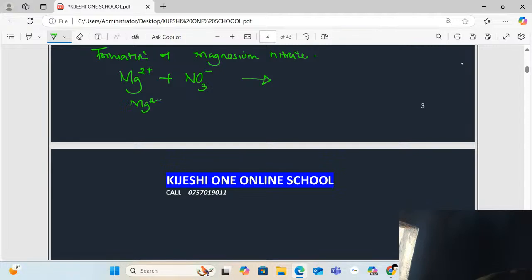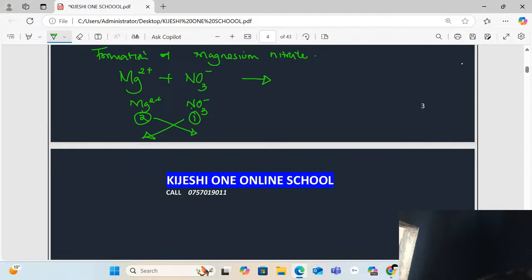Magnesium is valency 2, while nitrate is valence 1. Therefore, during the swapping or exchanging of the valencies, then we'll arrive at magnesium picking this 1, while the nitrate picking the 2.